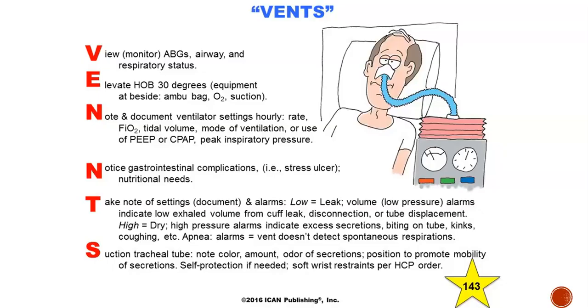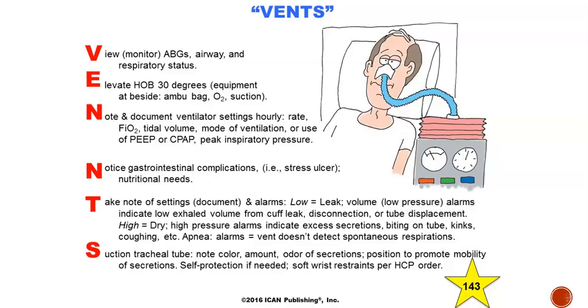High pressure alarms indicate excess secretions, biting on the tube, kinks, coughing; there's too much pressure and it can't push through. Does that make sense? So think plugs, biting, kinking, coughing, things like that. Low pressure means there's not enough volume being pushed through, so we've got a leak somewhere, something's disconnected, a tube's displaced, etc.